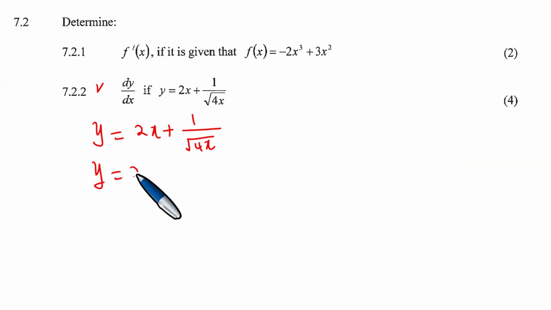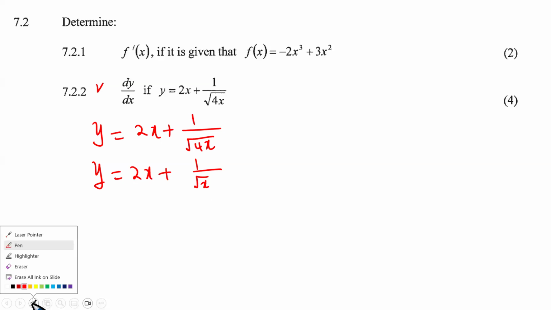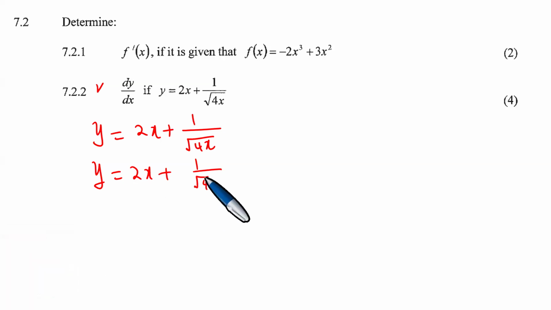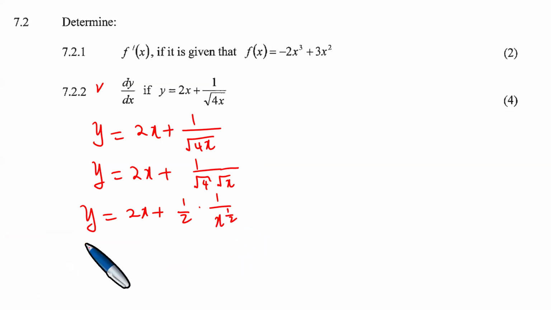So y is twice x plus 1 over the square root of 4x, because the square root of 4x you can break down to the square root of 4 times the square root of x. The square root of 4 is 2, and the square root of x is x to the power 1/2, like so.